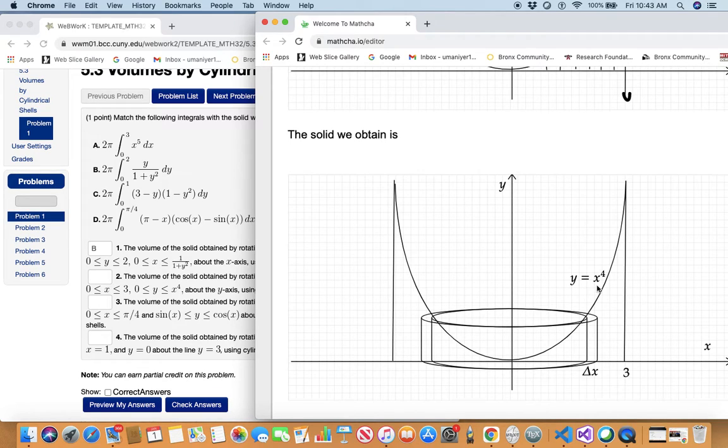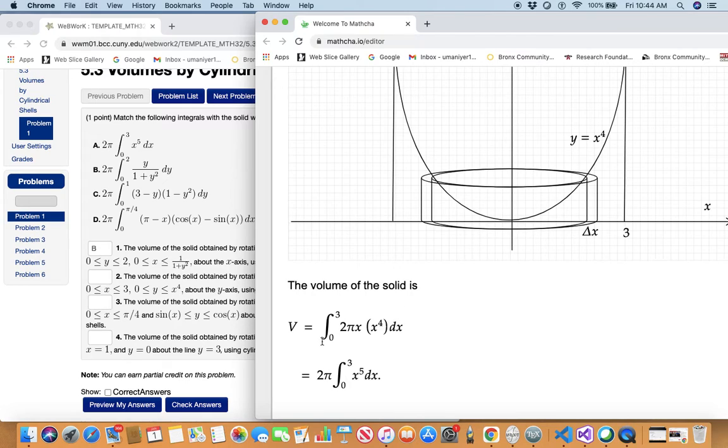Y coordinate is x to the power 4 because that's the curve. So radius is x coordinate, height is y coordinate, which is x to the 4, and x goes from 0 to 3. So limits 0 to 3, 2 pi x, that's the radius, and that's the height, dx. When you simplify, x to the power 5, 2 pi comes out, integral 0 to 3, x to the power 5. So that's the second one.